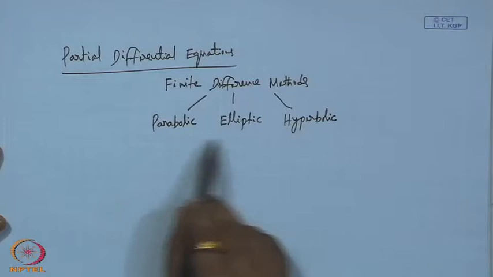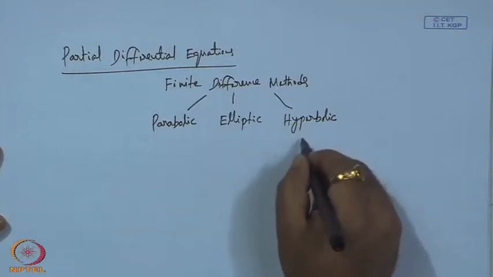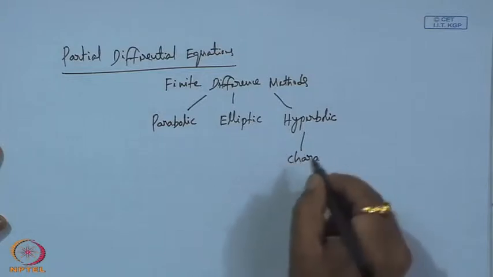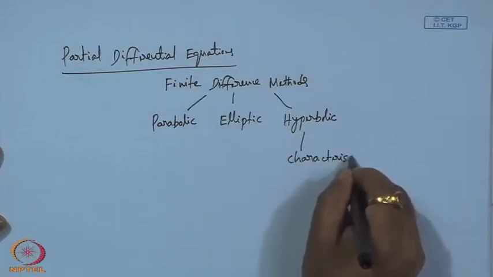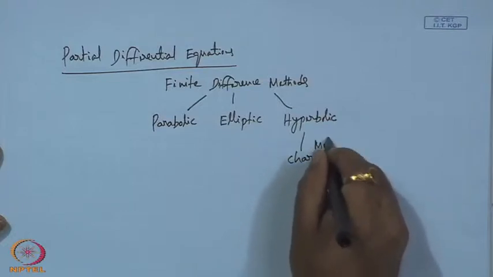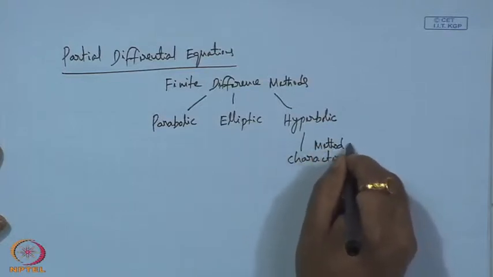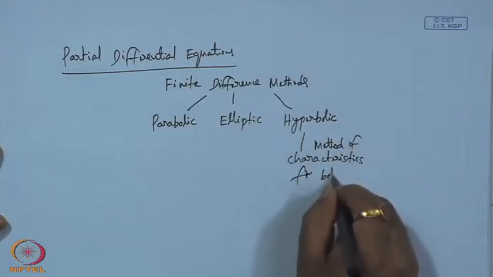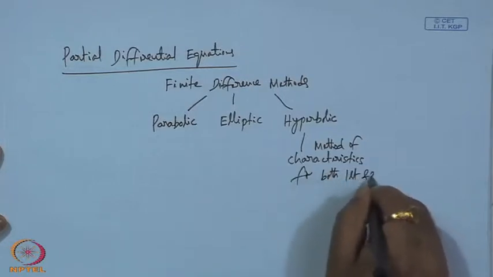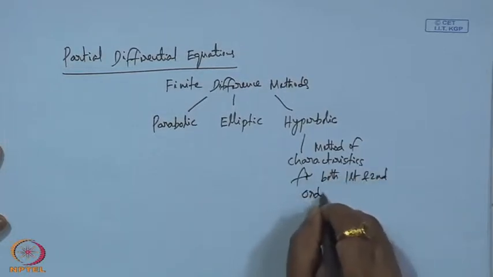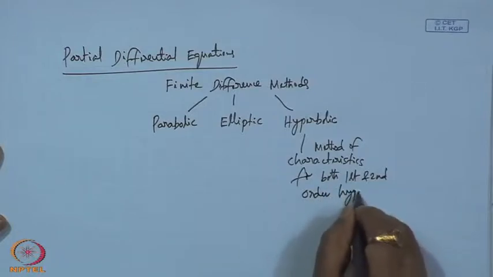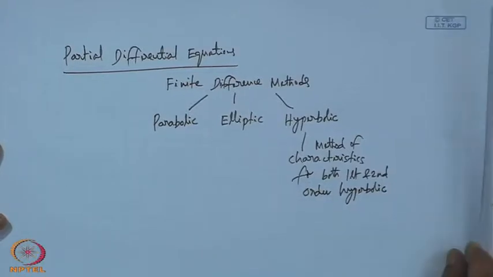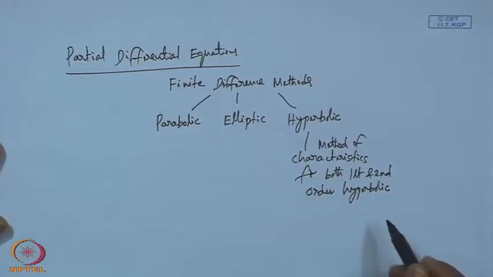So, while we have done this, this is the method of characteristics for both first and second order hyperbolic. Okay. So, this is how we proceeded.